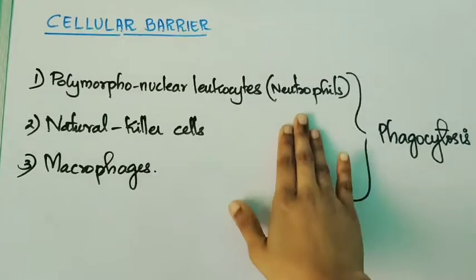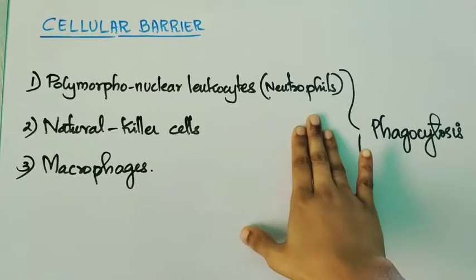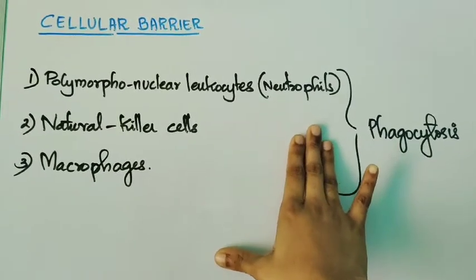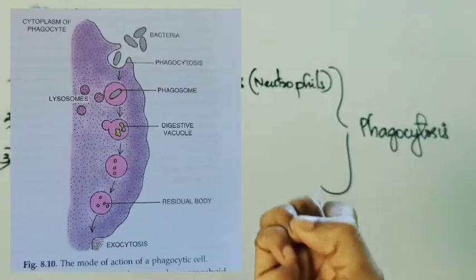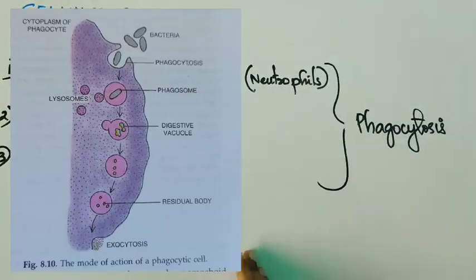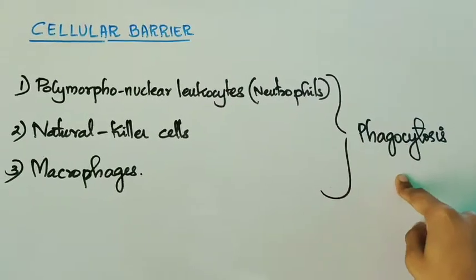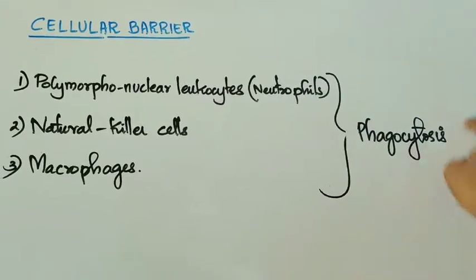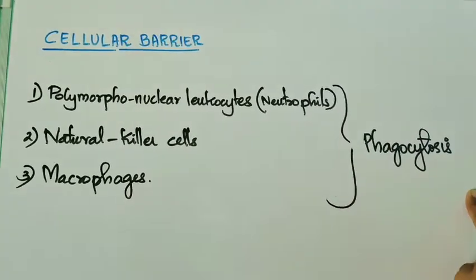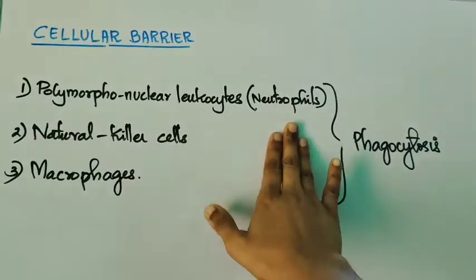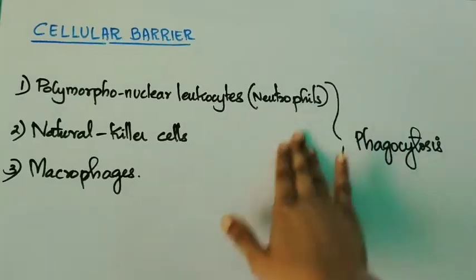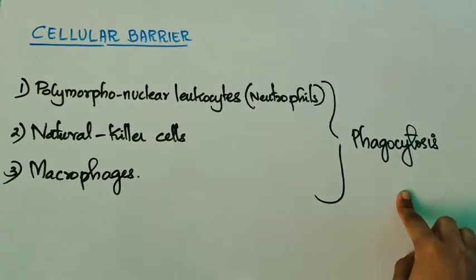So wherever they encounter any kind of antigen, they engulf and digest it. That's why the process of engulfing and digesting bacteria is called phagocytosis. Not just bacteria, any antigen or pathogen. So, neutrophils, natural killer cells, and macrophages all work by phagocytosis.